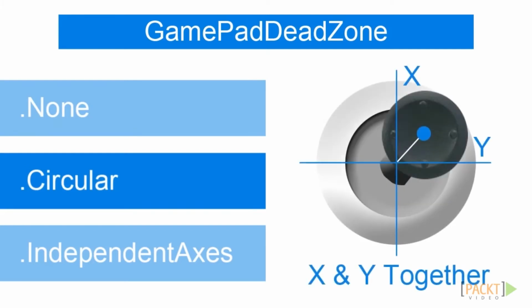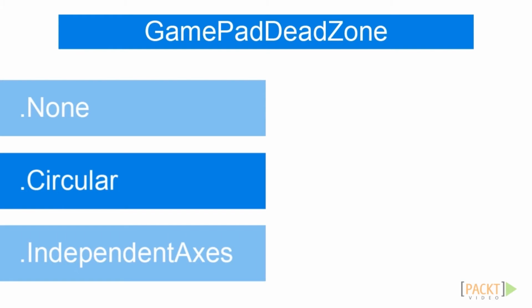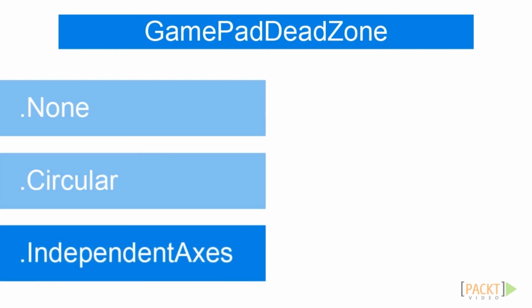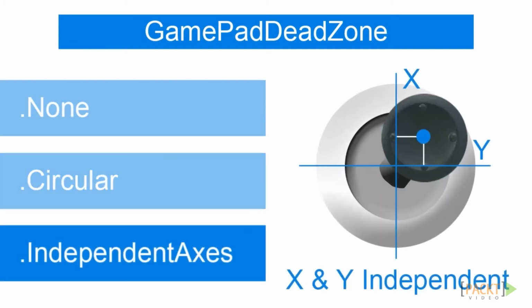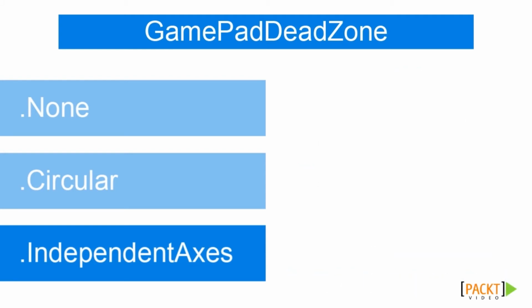GamePadDeadZone.Circular processes the values taking both axes into account. This is important when using the thumbstick for aiming, for example. GamePadDeadZone.Independent processes the values independently for each thumbstick axis. This type is mostly used for moving a character or object.